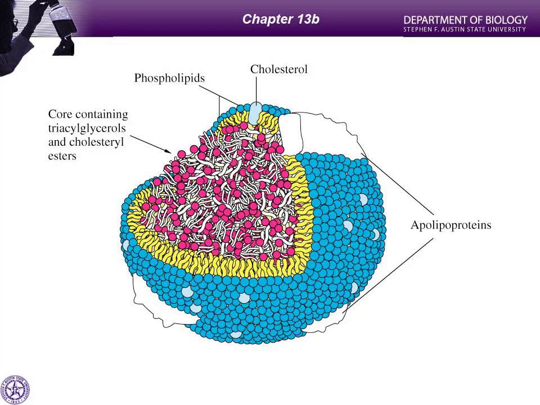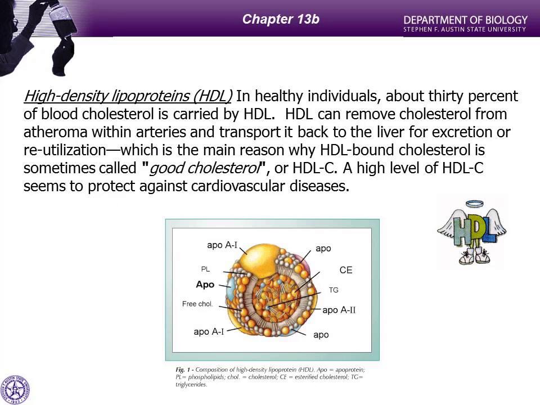So HDLs take the cholesterol that's in your blood or remove the cholesterol from your blood vessels and organs, and bring it back to the liver where it can be broken down and processed. That's how it's the good cholesterol, removing it from where it could do damage. I love this little picture because H can stand for halo. It helps you remember H, halo, that's good.